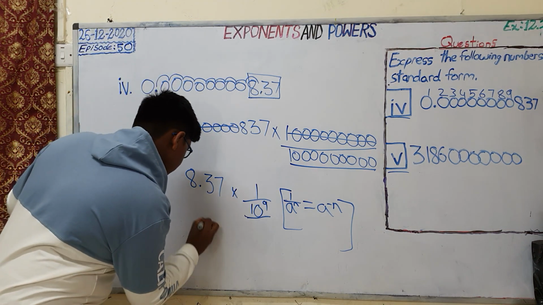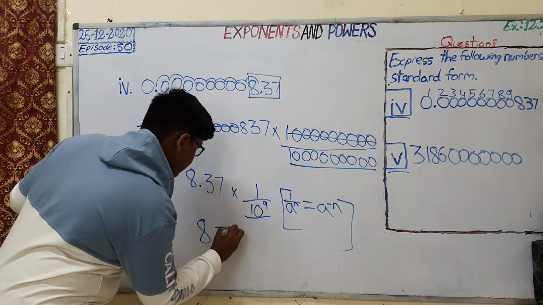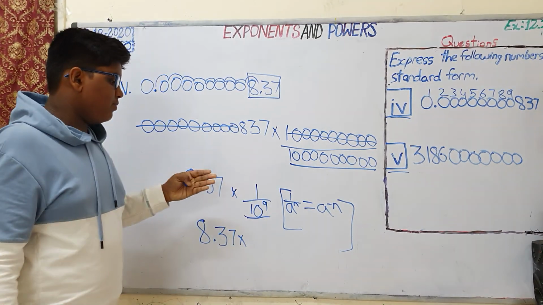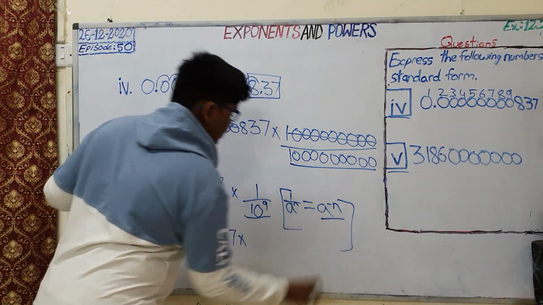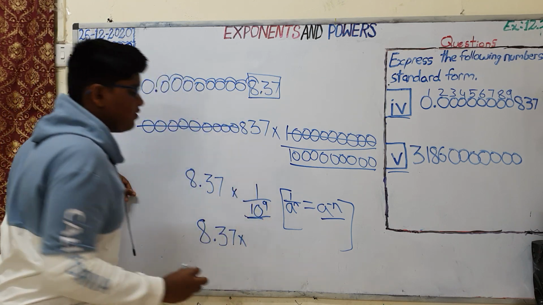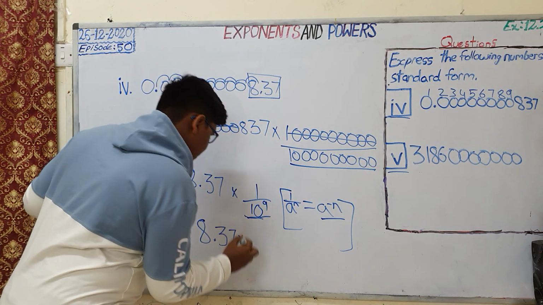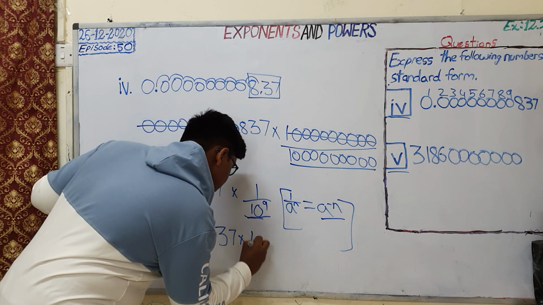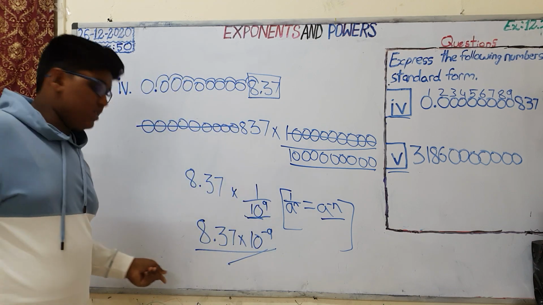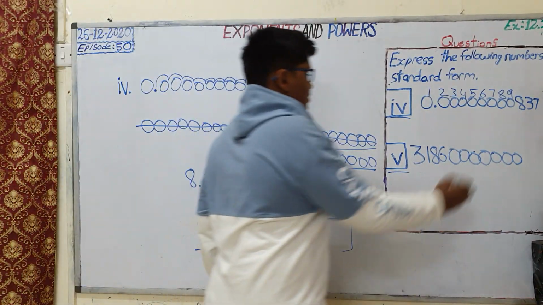So 8.37 into, now this 10 raised to the power 9 will go as the numerator and will have a negative exponent. So the base 10 will have a negative exponent when we take it as the numerator: 10 raised to the power minus 9. So this is the answer for the fourth one.